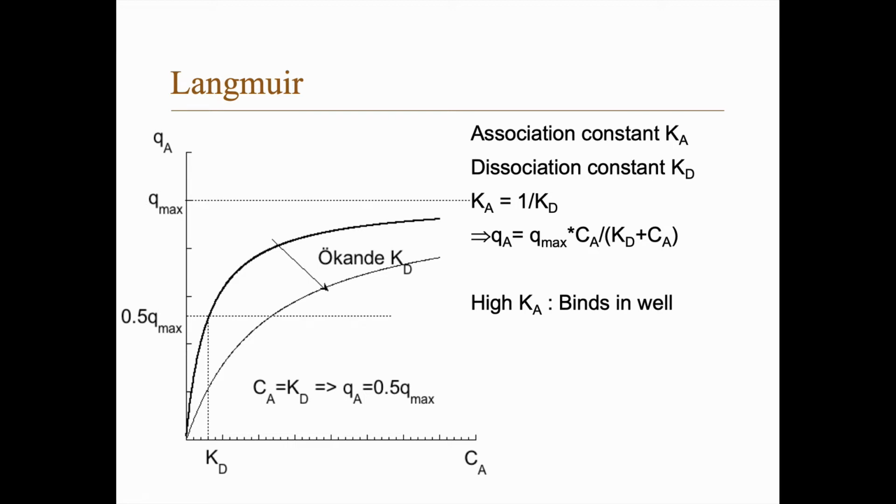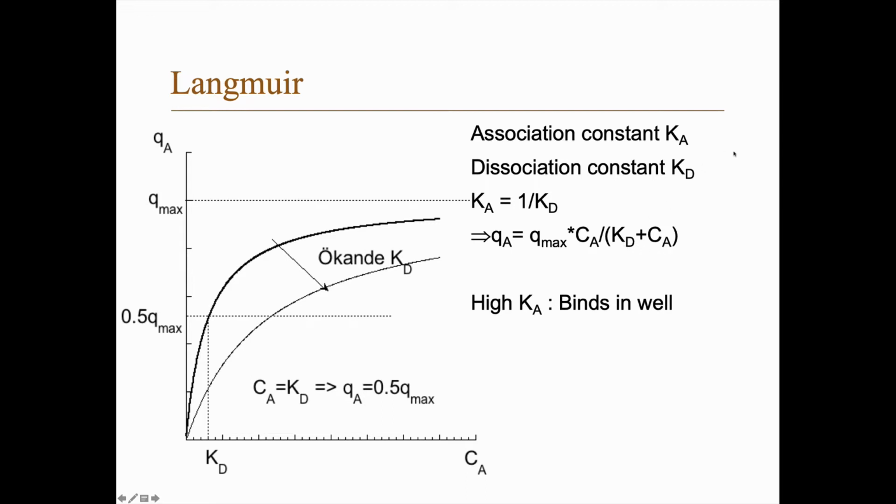So let's look at the Langmuir isotherm. I'm sorry for the Swedish here. This is increasing. This is ökande, is increasing in English. You have an equation like this. Q equals Q max times the concentration divided with a constant plus the concentration.